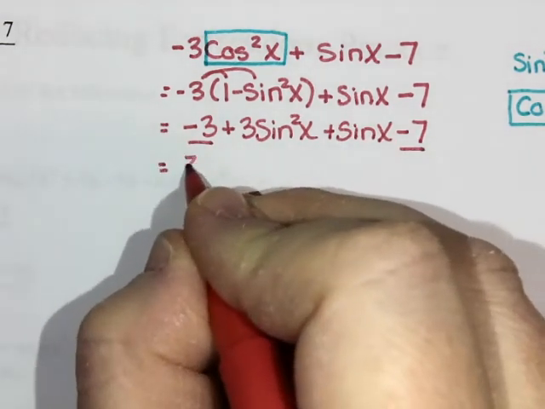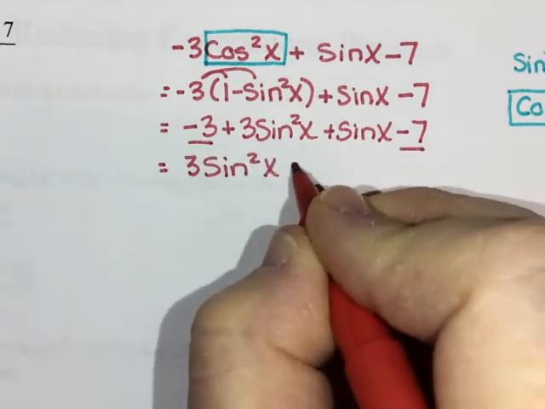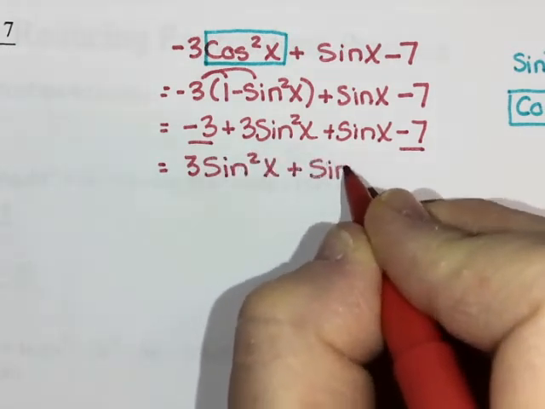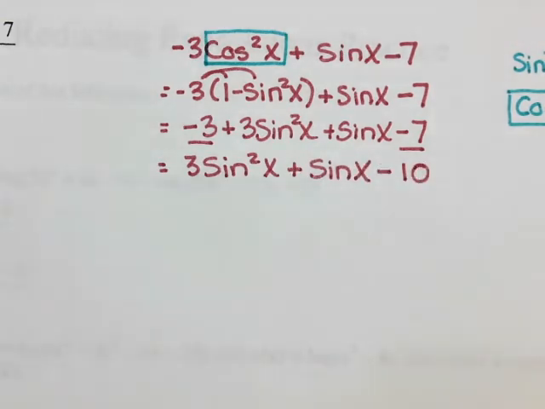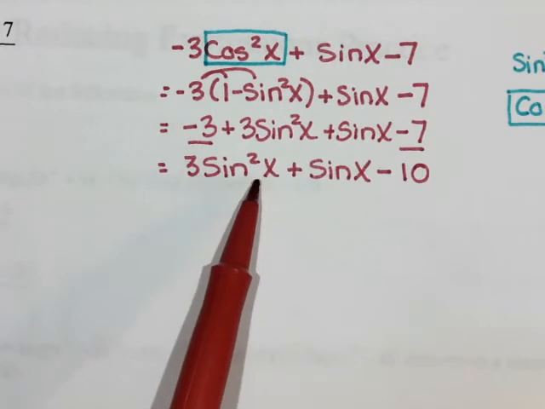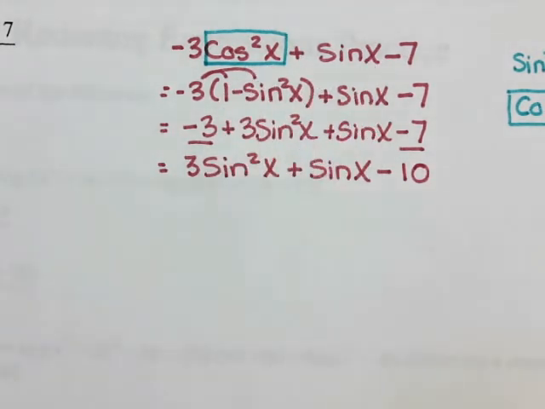So this will be 3 sine squared x plus sine x and then minus 10. I haven't even factored yet. All I've really done is rewrite my expression so that I'm using the same trig ratio, because as it was, I wasn't going to be able to factor that.